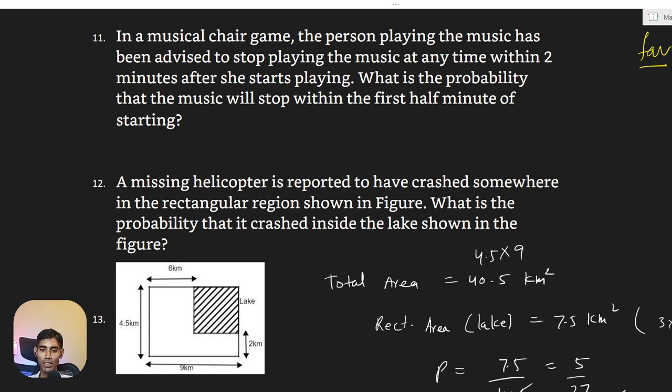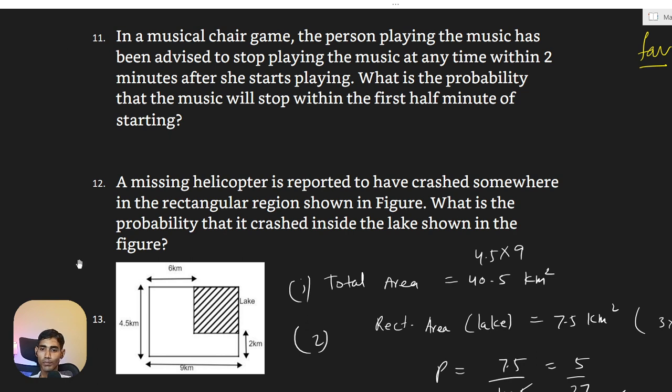In surface area questions, if it is one whole question, then it's a good way. But if it is in parts and you need to find the total area, then the rectangle area, it might be better to write the exact final answer, 40.5, 7.5. If not, you can just go with this. It's probably 2 marks worth, so you can do even this, and it would be a lot easier for you.